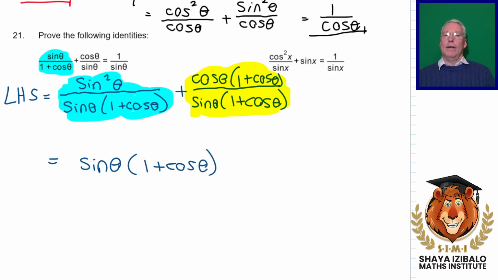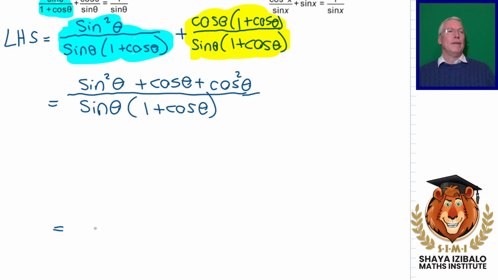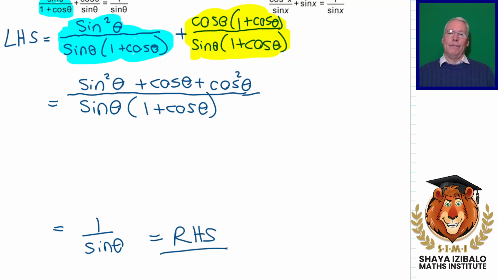On the numerator, we've got sine squared theta plus cos theta plus cos squared theta. Now, if we look at where we want to get to, our right-hand side is actually 1 over sine theta. We want to be able to say that equals right-hand side, done.